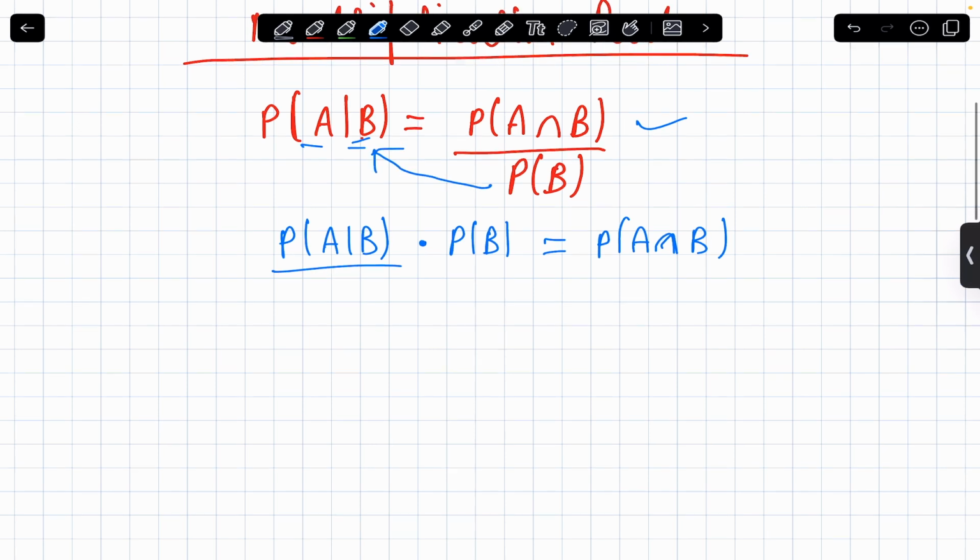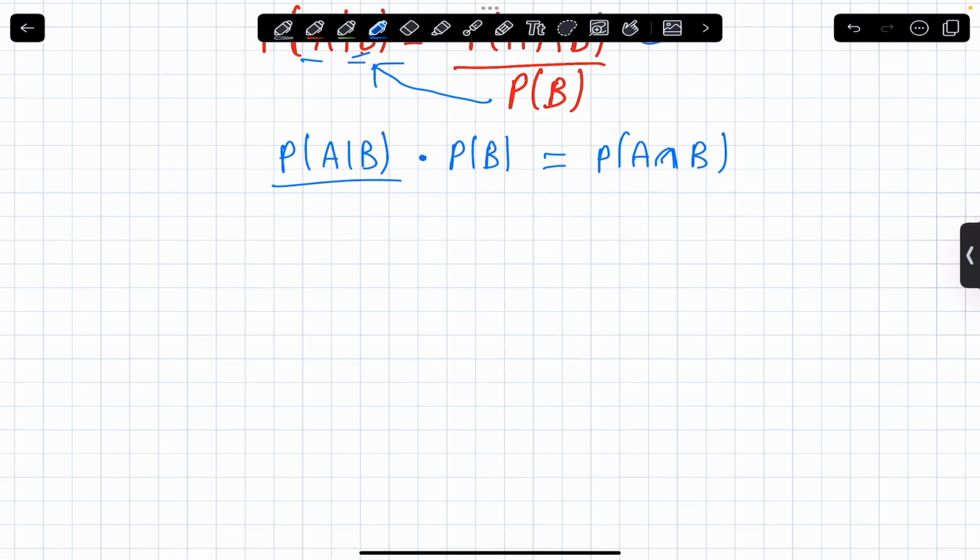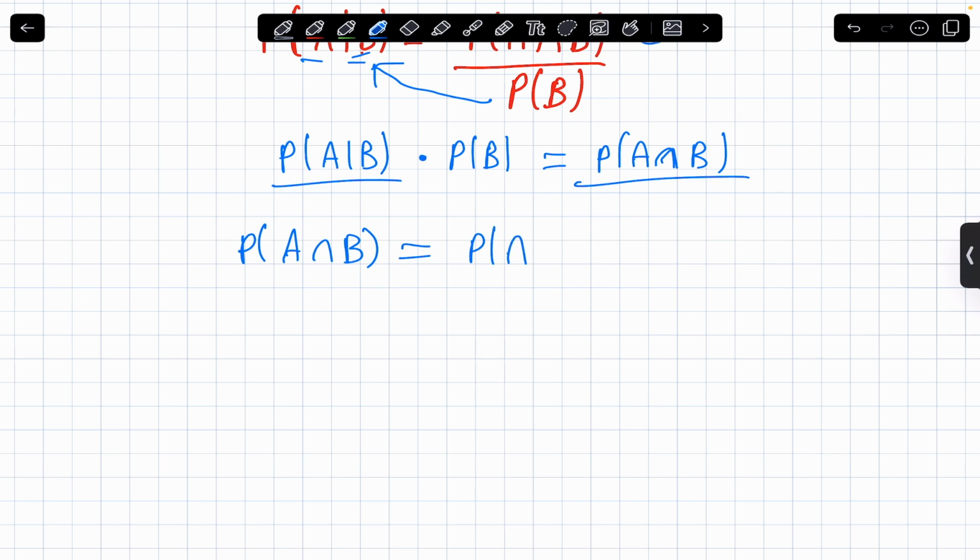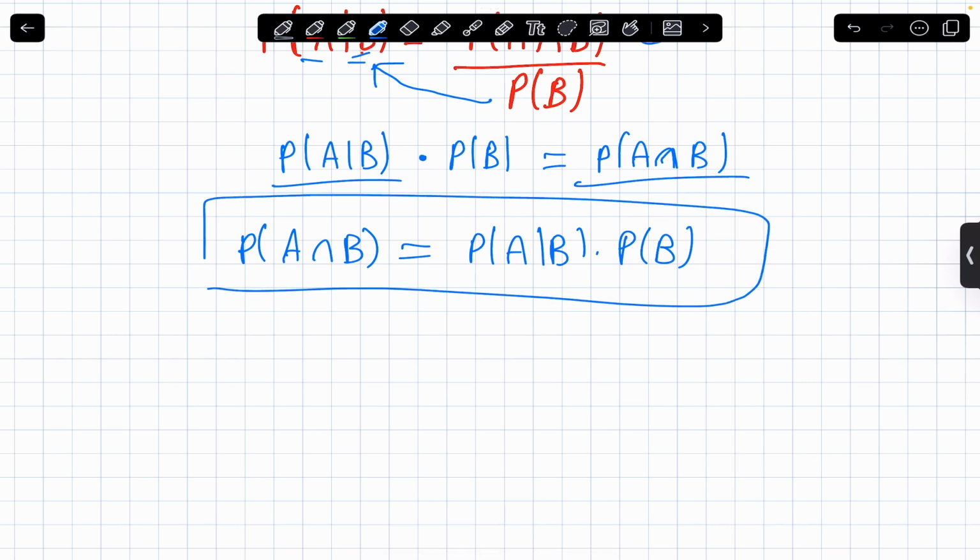Now we can see that the probability of A intersection B is the probability of A given B times the probability of B. And this is what the multiplication rule is, which is actually used to find the probability of intersection of two events.